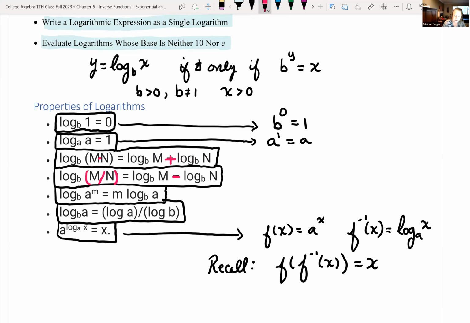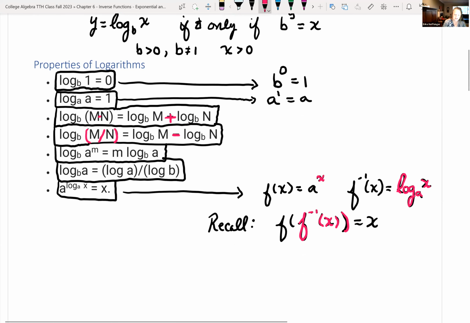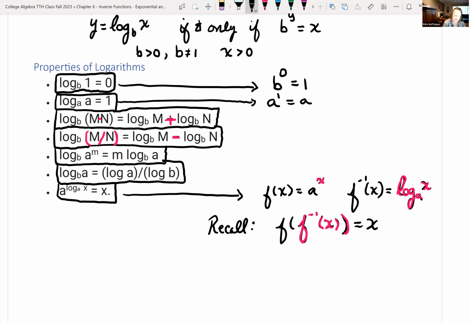And so if we go in here and we substitute in f inverse of x wherever we see an x in our f of x function, this would be saying a raised to our log base a of x.